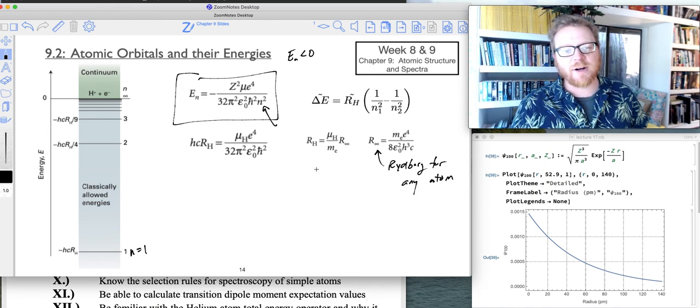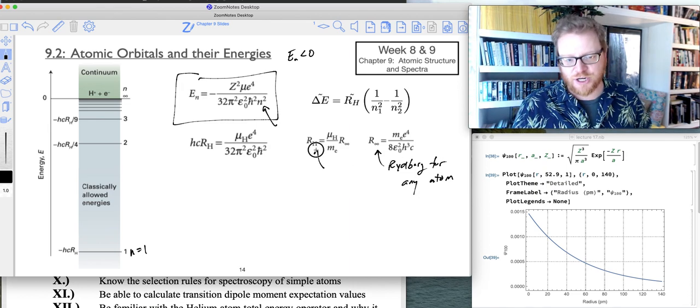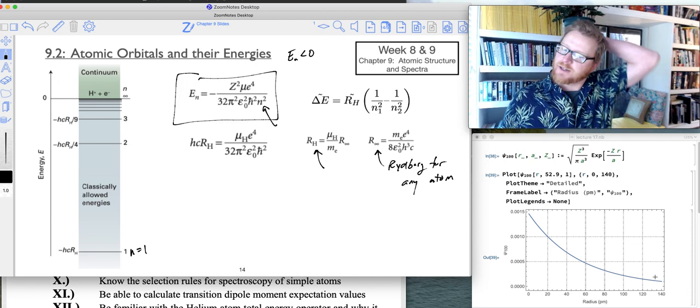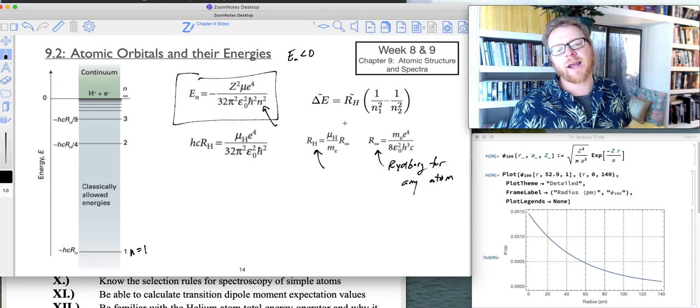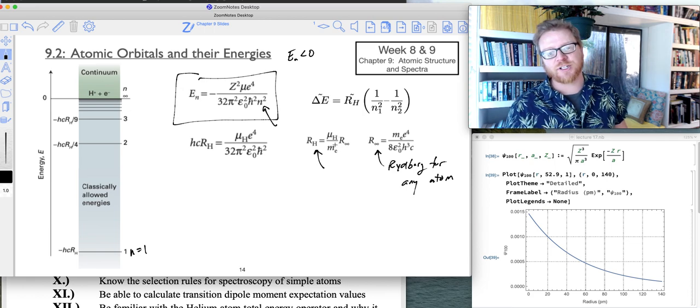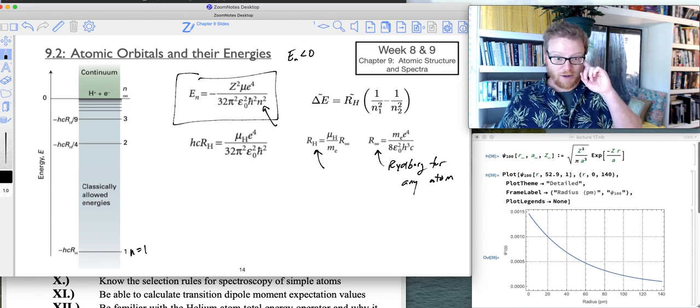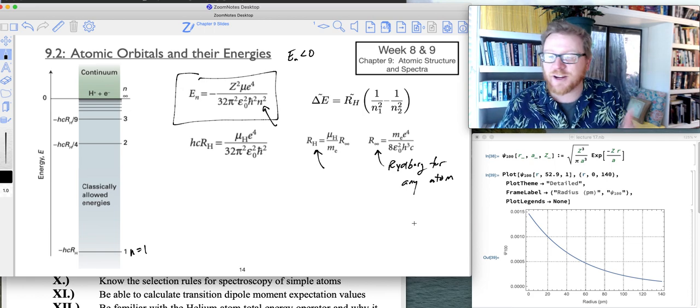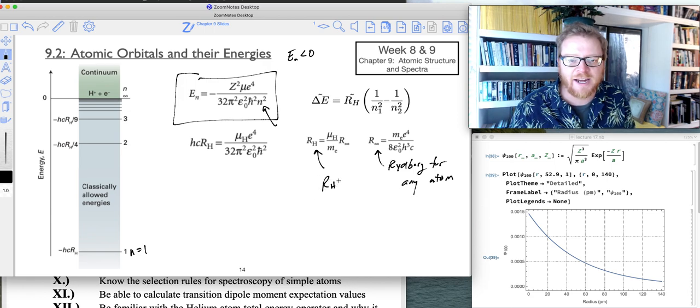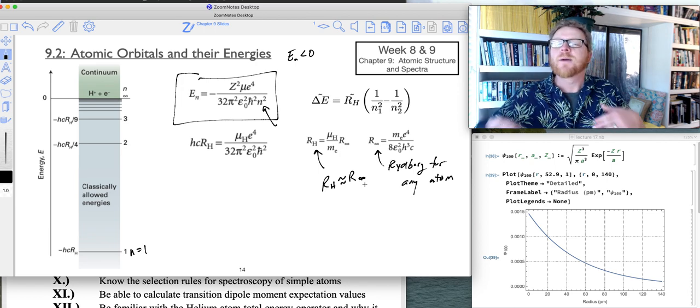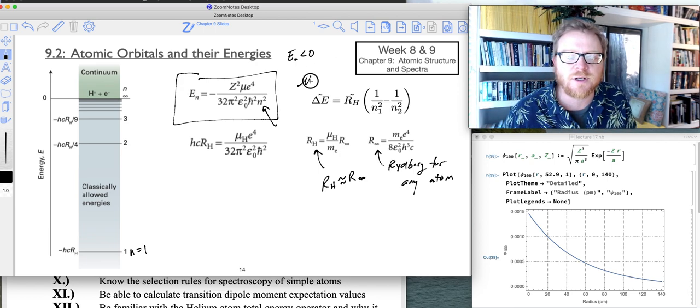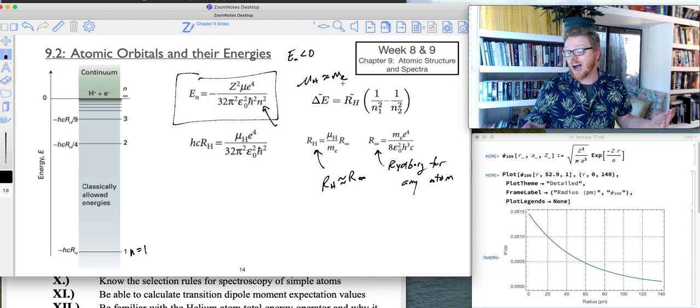So now the Rydberg constant for hydrogen. Rydberg for hydrogen comes by ratioing the reduced mass for hydrogen versus the mass of an electron, which are very close. So RH is very, very close to this R infinity because the reduced mass of hydrogen is basically equal to the mass of an electron.